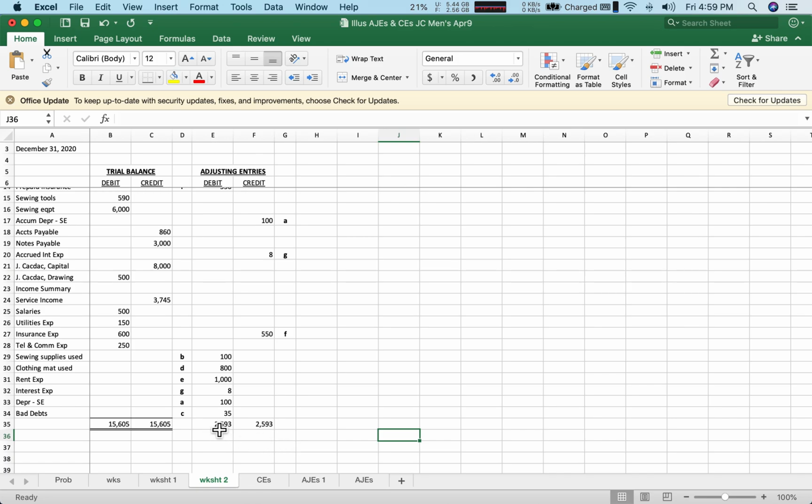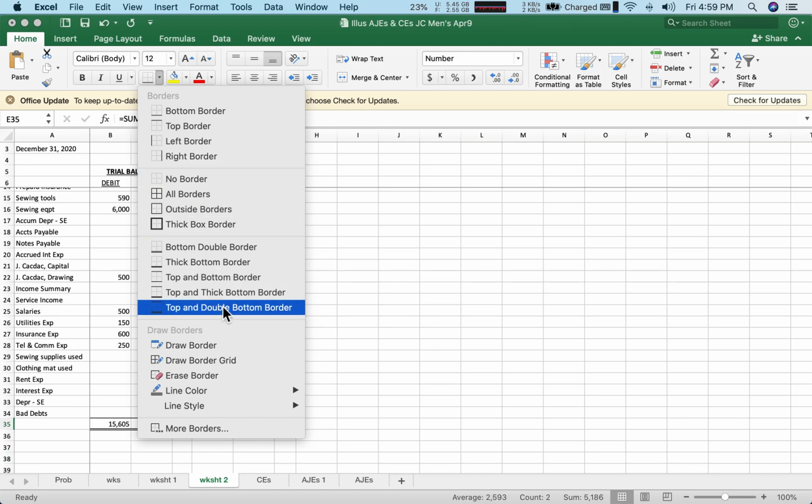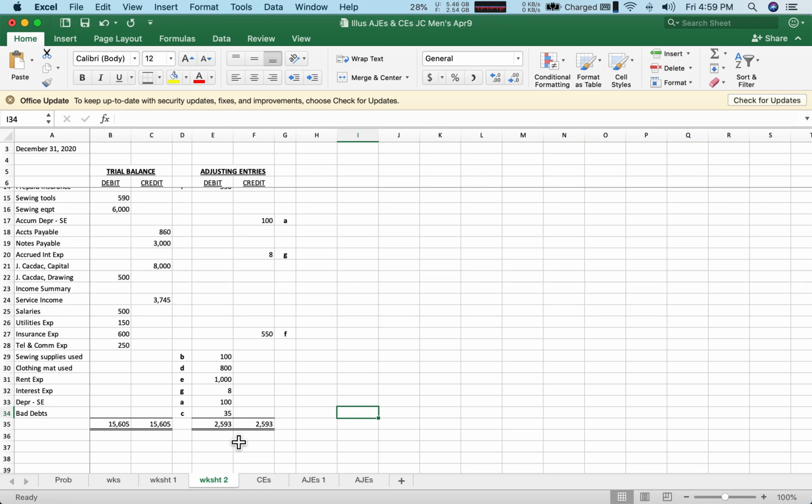Okay, so then we look for the top and double line. We double line it because they balance. We should balance our adjusting journal entries. Now, from there, we continue and compute the adjusted trial balance.